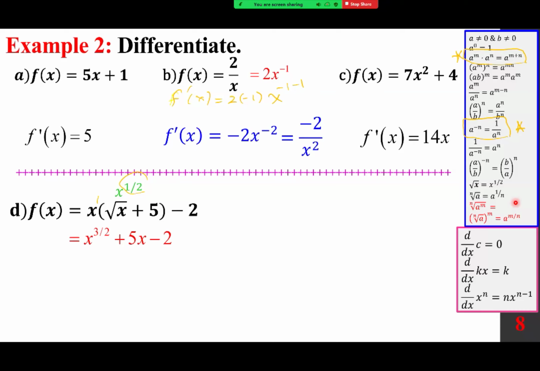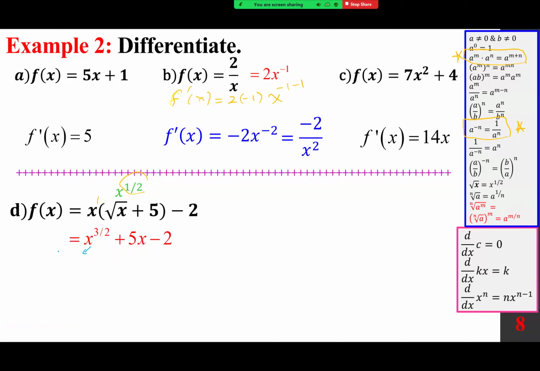So a lot of exponential rules. I'm sure you're very comfortable. So we want to differentiate. Now we are ready. We say f prime of x is, we put the 3 halves in front, x to the power of 3 halves minus 1. Let me just write this piece.